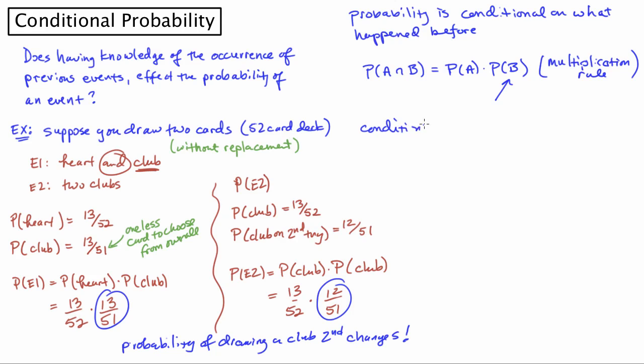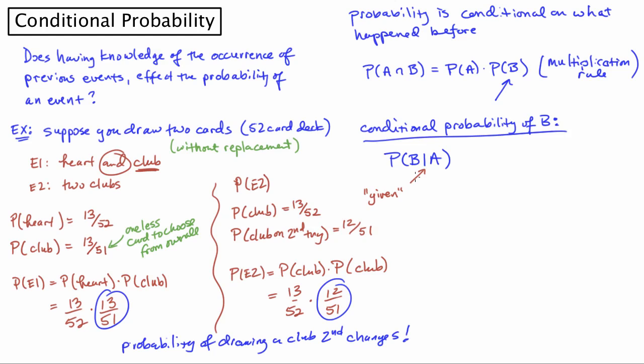We define the conditional probability of B as follows. It's the probability of B given A. Now I want to make sure we understand what's going on here. This vertical bar means given, or given that, depending on the circumstances.